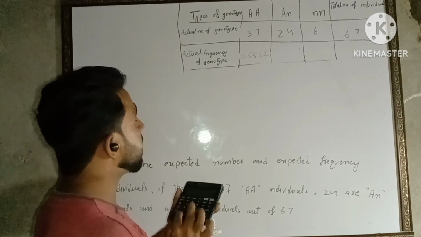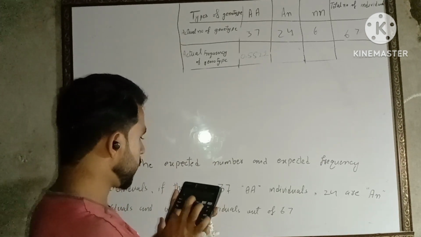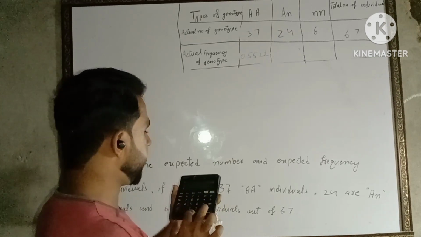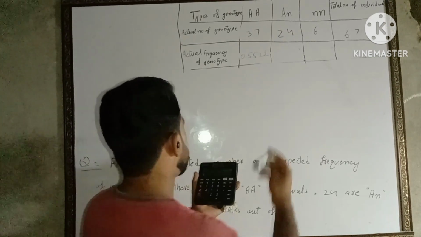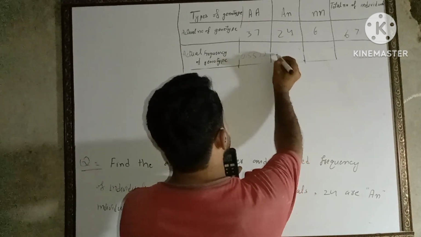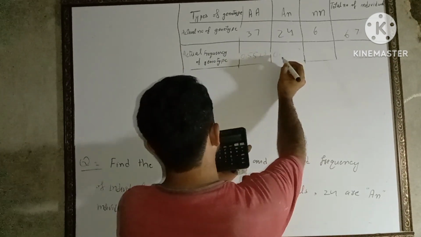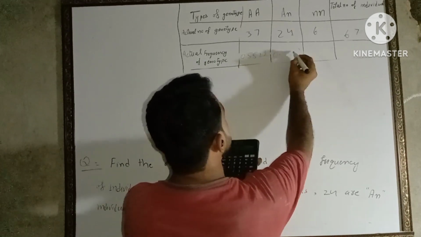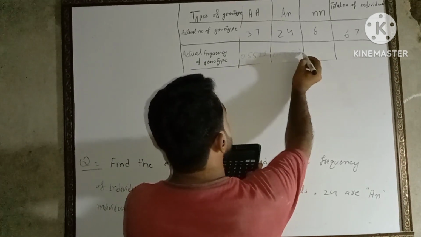Okay, the actual frequency of the second genotype is 24 divided by 67, that is 0.3582.